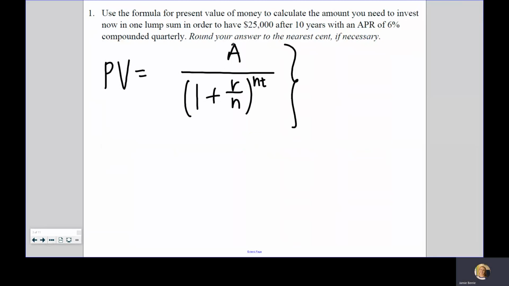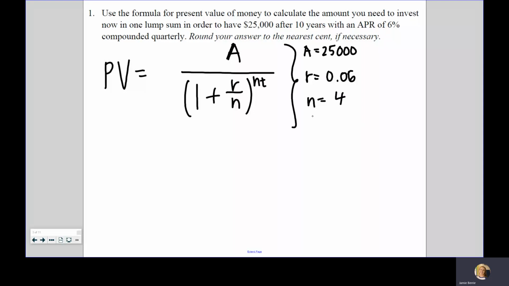How I like to do this, just so whenever I look back at this later, I know exactly what I plugged in, I like to write off to the side what I'm replacing these letters with. A is our goal amount. We want to save $25,000. It's told us our APR, our interest rate, was 6%, which as a decimal would be 0.06. And it told us that this is compounded quarterly, so that's our value for N. Quarterly means 4 times per year.